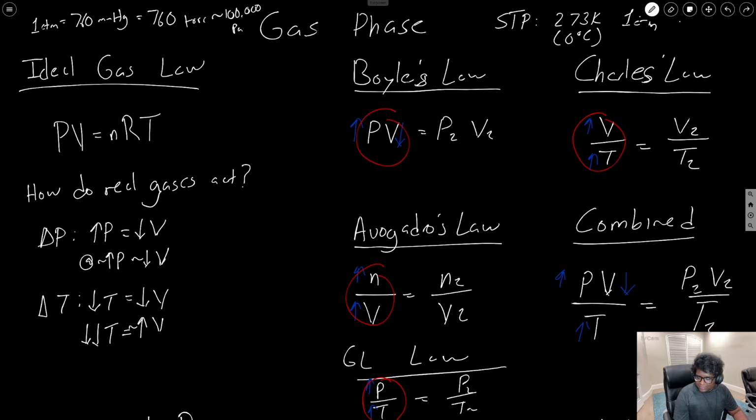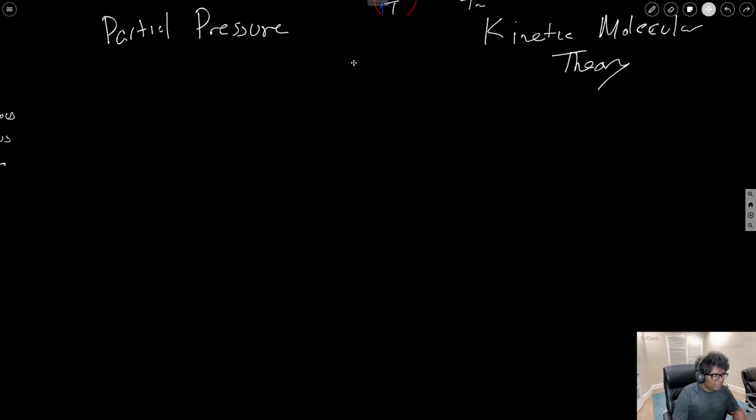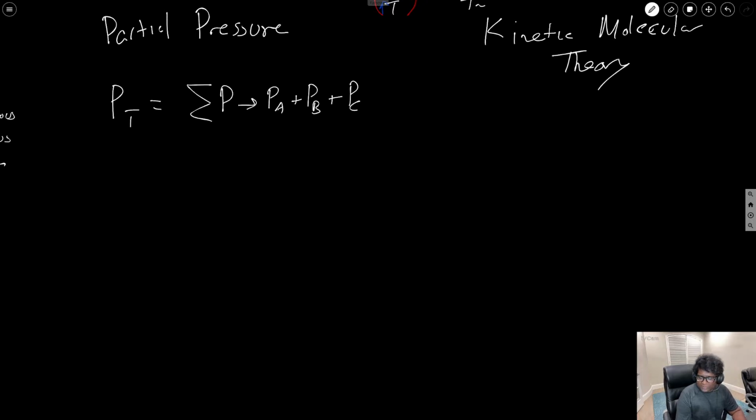But yeah, is there anything else? I think we're moving forward here. There's some partial pressure stuff I wanted to talk about. All right, let's go. Partial pressure. This is total pressure, and that's basically the sum of all the partial pressures. So think of it like PA plus PB plus PC. Unfortunately, we'll never get something as easy as that on the exam.